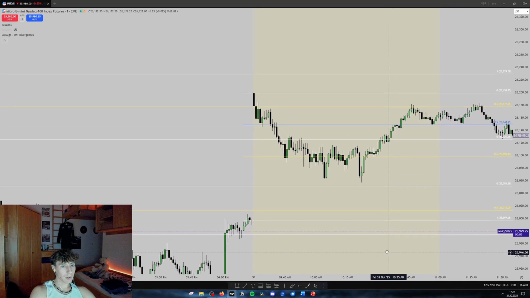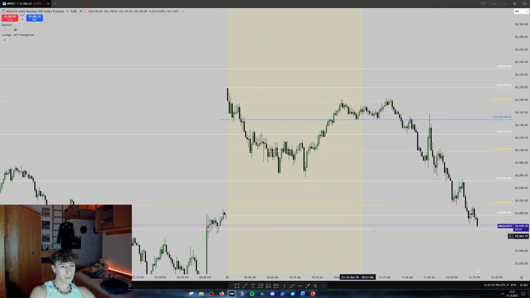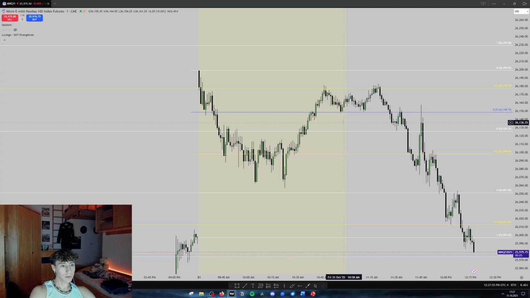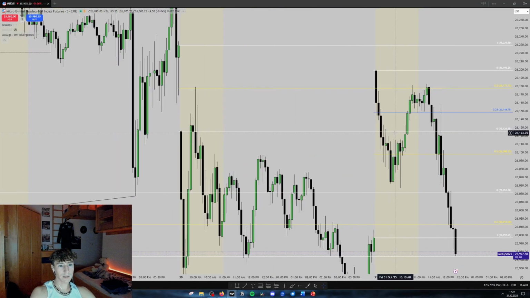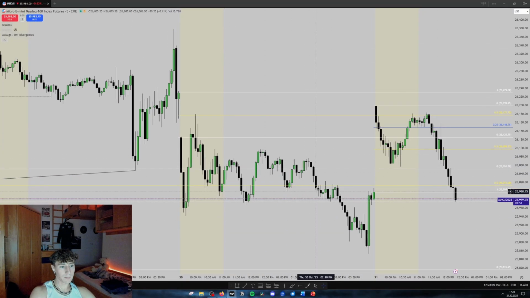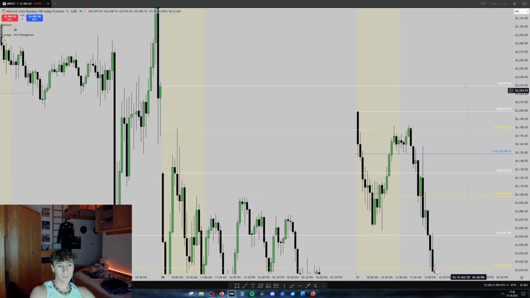So basically what our situation was, we had our London close macro right here, and as you can see, we were really respecting the upper quadrant of today's new opening range gap. So therefore I expected, okay, we traded lower, maybe we traded just into the balanced price range right here, and now we are trading higher, respecting the upper quadrant.